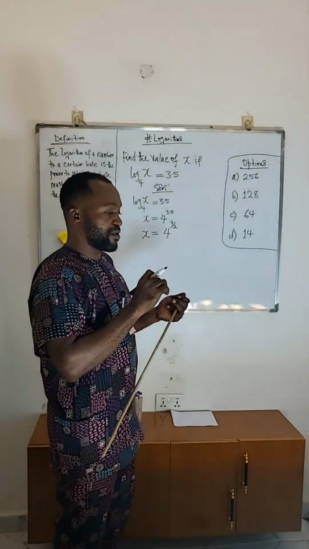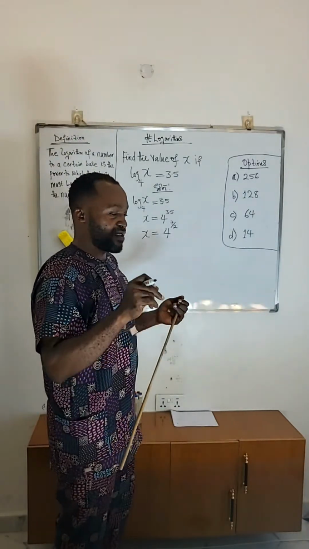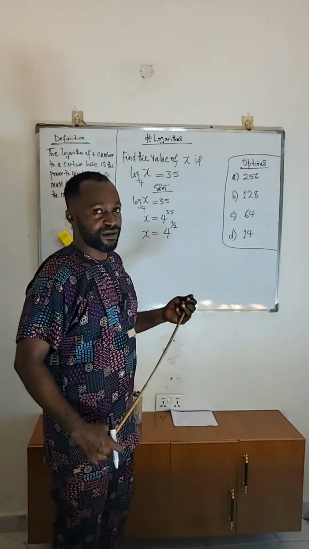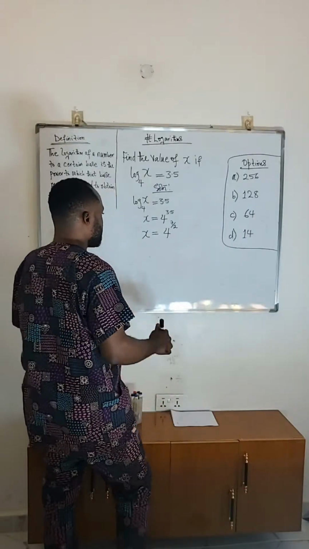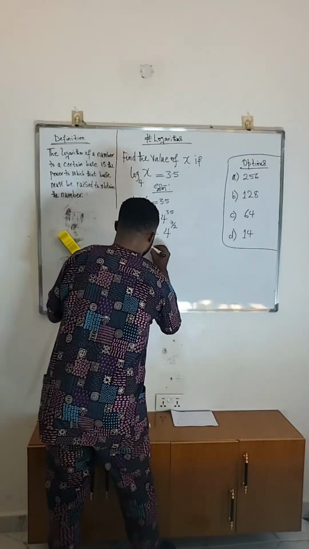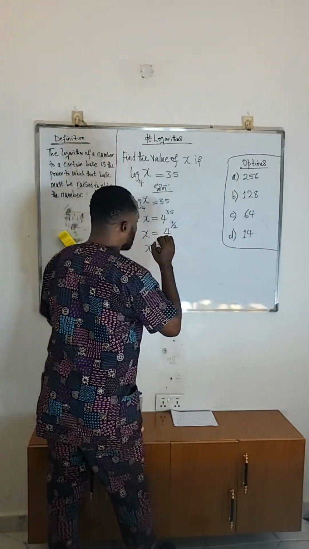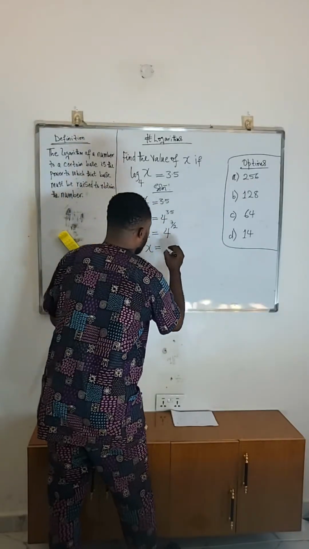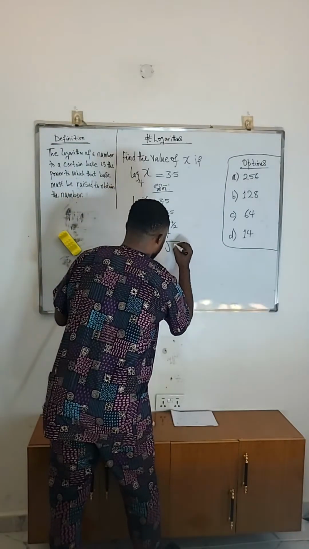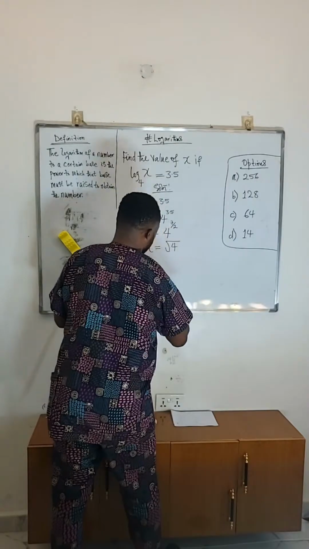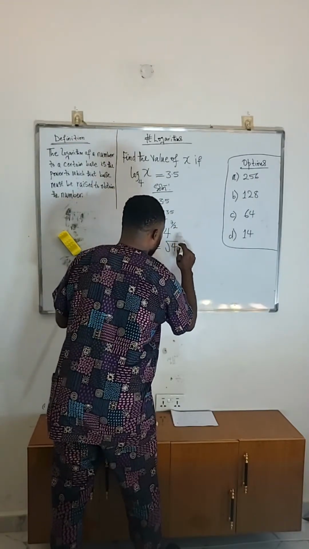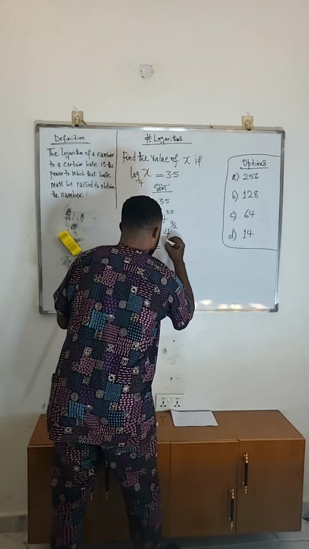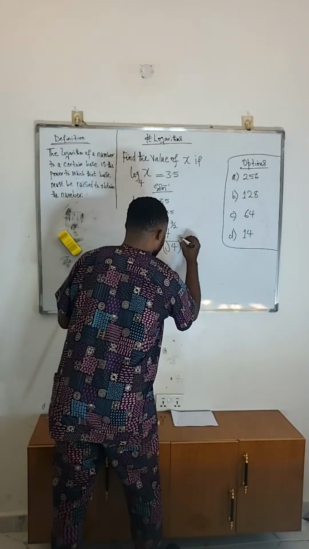Even if you punch your calculator, 7 divided by 2 gives you 3.5. In the next step, we do the interpretation. This will be the square root of 4, all raised to the power of 7.